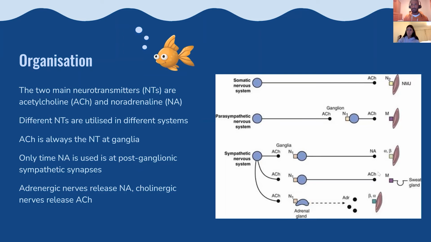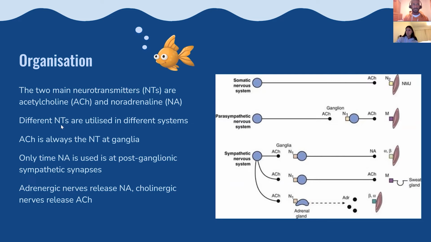And I'll talk about the receptors later on. And in the sympathetic nervous system, again, the preganglionic nerve, or the presynaptic nerve, does the same thing. It releases acetylcholine, and then the postsynaptic nerve will more often than not release noradrenaline. Sweat glands are the exception where it releases acetylcholine.